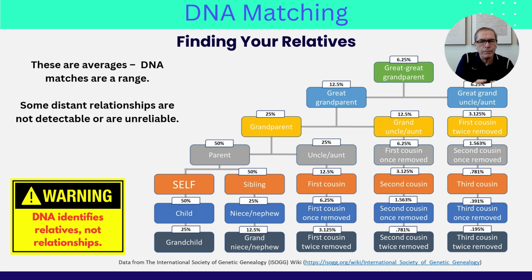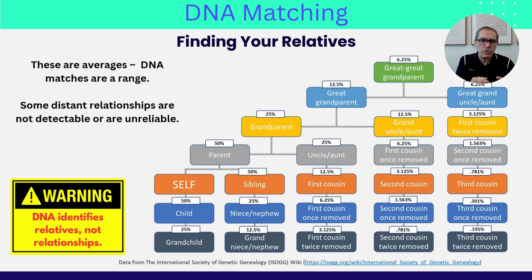If we look at this chart, you can see that 25% of my DNA could be my grandchild, a niece, a nephew, a grandparent, or an uncle or aunt. So DNA itself does not identify the relationship. If we see somebody with 25%, we know they're going to be a grandparent, aunt, uncle, niece, nephew, or grandchild. It's up to us then, using our own research, to tie down what the relationship is.